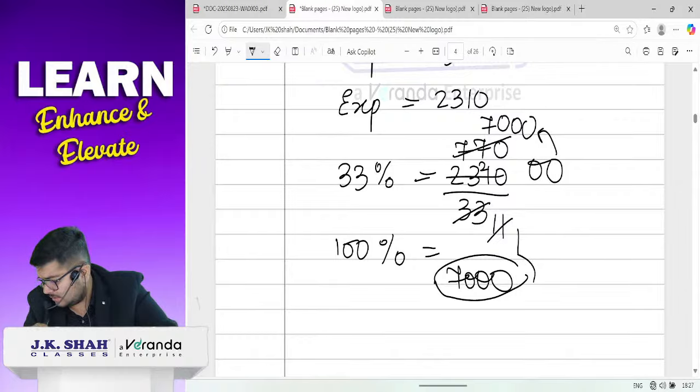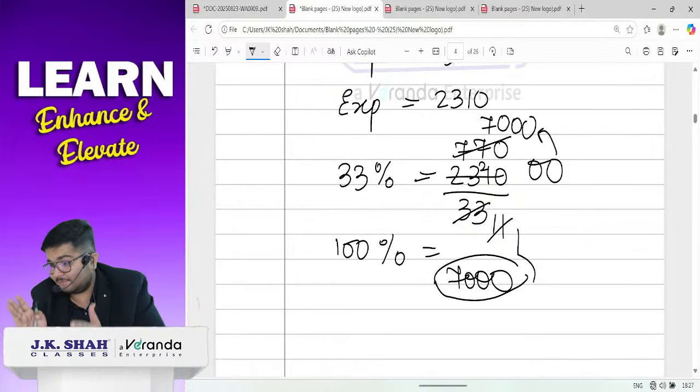Right? So now you just have to go through the sums. You don't have to rely on those sums. You have to rely on our material which we have taught you. If you have practiced the sums that I taught you, you will be able to score very good marks.